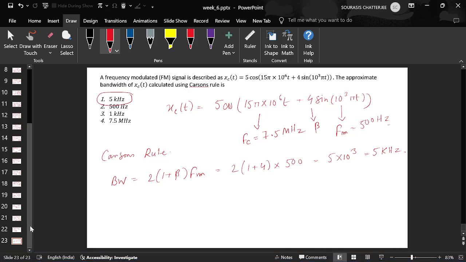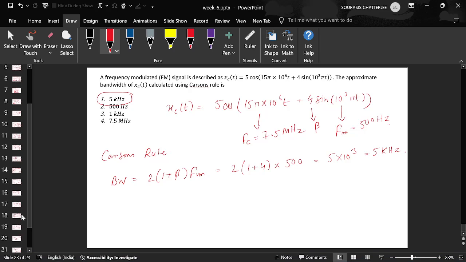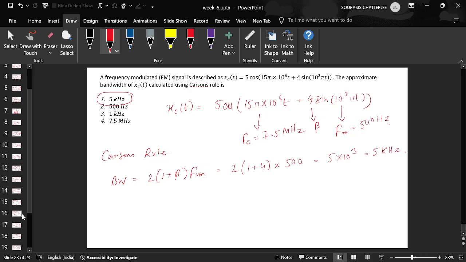So with this I finished whatever I planned to discuss for today's session regarding frequency modulated and phase modulated signals. Also we have covered the key concepts regarding how to compute the practical bandwidth of a frequency modulated signal.